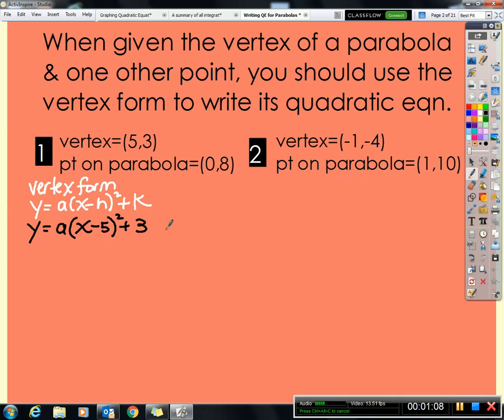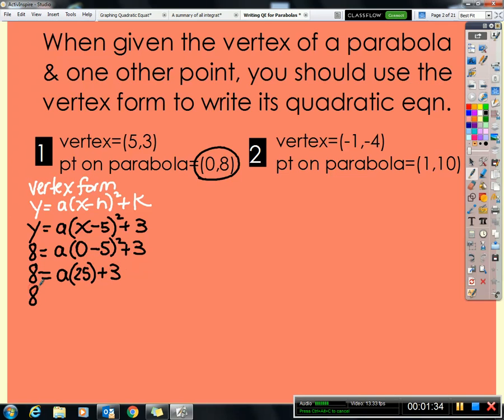So if you take this point and plug it in, then I can say y is 8, a is what I don't know, x is 0, and this will allow me to solve for a. How do you do that? Well, I'm going to say a times (0 minus 5), which is negative 5, squared is positive 25, plus 3.